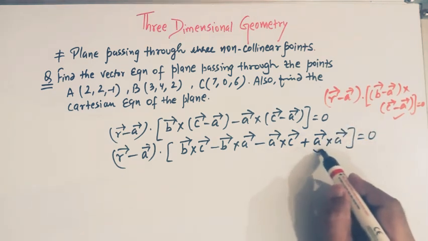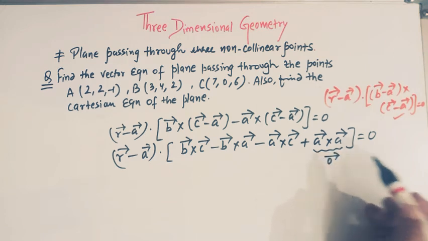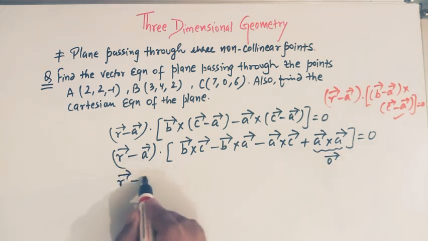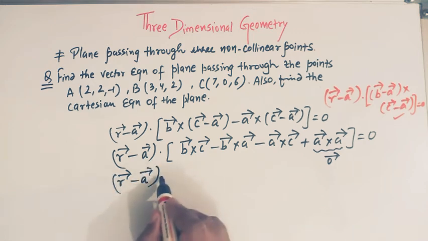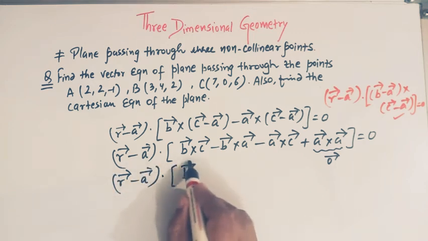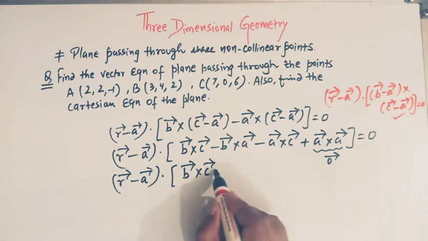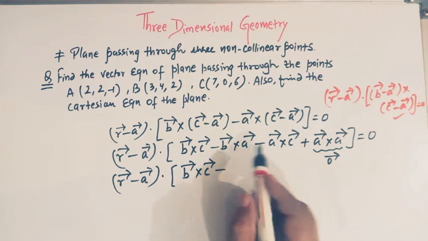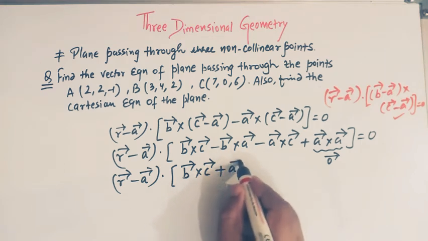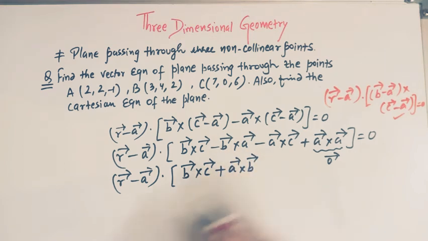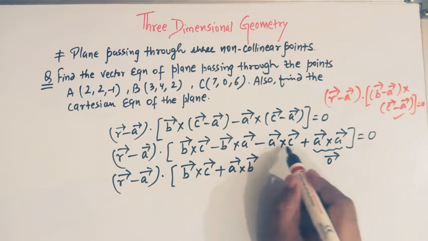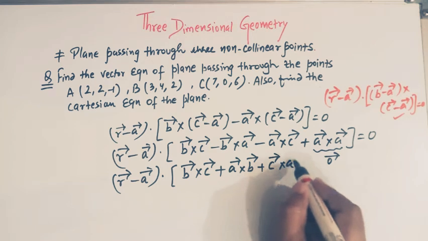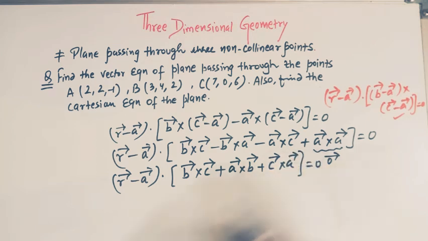Now see, A cross A is a 0 vector, and we can write it as vector R minus vector A dot, and here we have B cross C, and minus B cross A can be written as plus A cross B, and this minus A cross C can be written as plus C cross A, right?